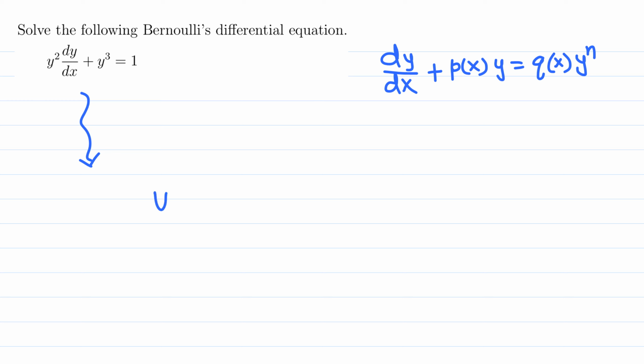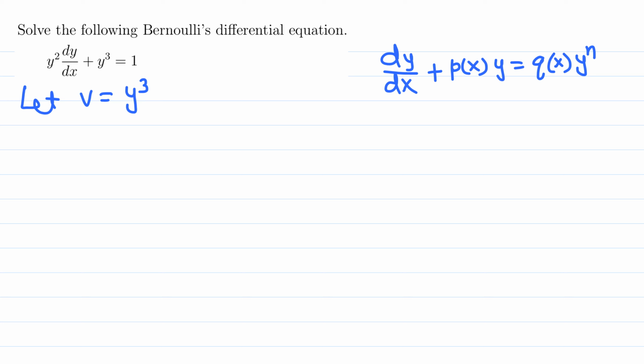We'll have dv over dx plus some function of x times v, equals another function of x. So we want to keep it in this linear form. So we let the y part, y to whatever power, be v. Okay, that's the assumption. So let v be this one whole thing, y cubed.